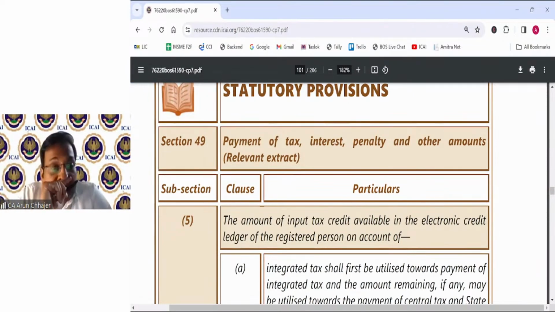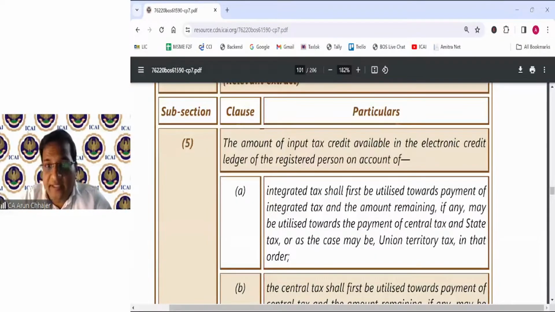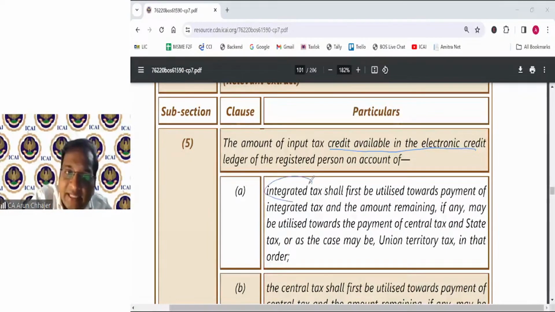Let's read the rule. Section 49. Payment of tax, interest, penalty, and other amount. Only subsection 5 we are discussing right now. Amount of ITC available in the electronic credit ledger of registered person on account of IGST. So they are saying ITC kiska?